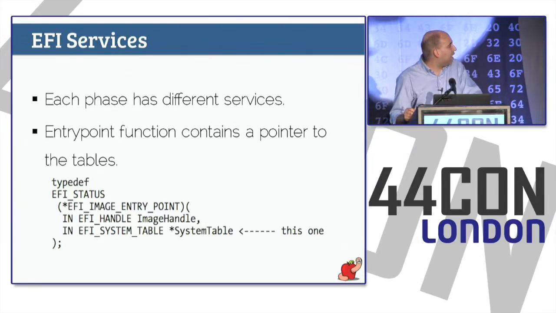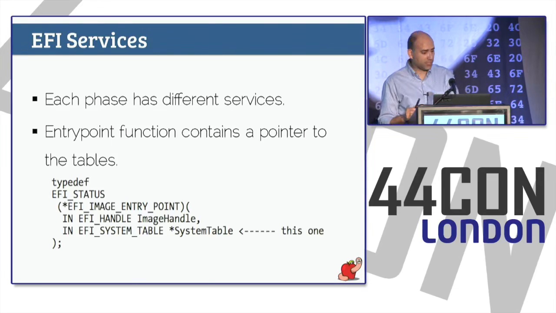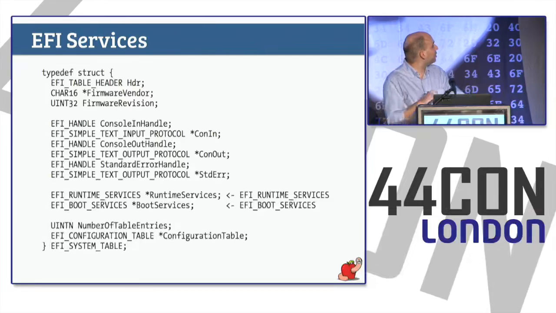So, how do you locate this? The entry point, the first function running on the binary, always has a pointer to one of the tables that you can get this information from. In this case, you have the system table. It has this structure, and you have the pointers to, in this case, this DXE binary.